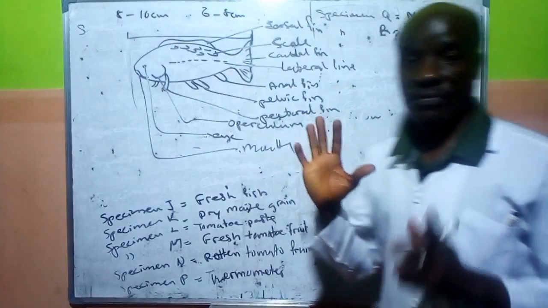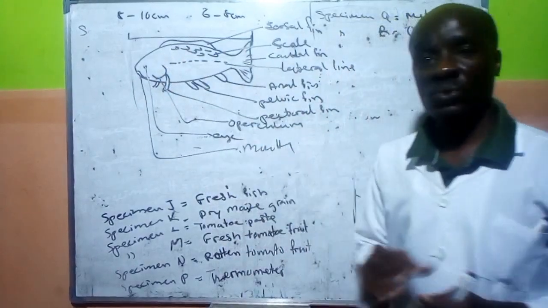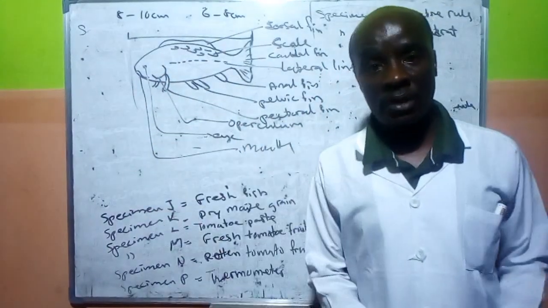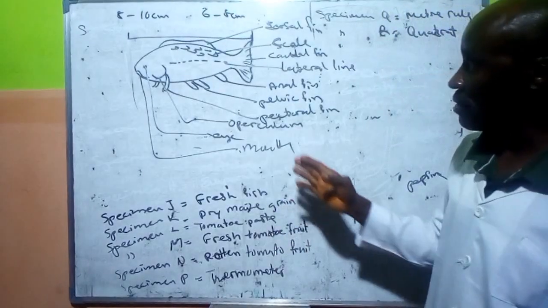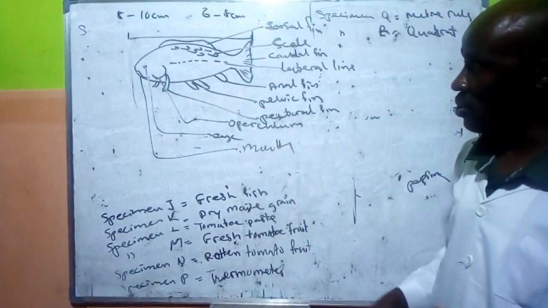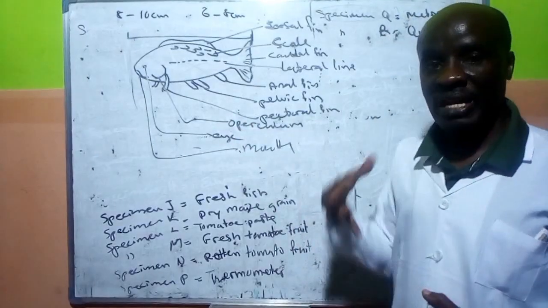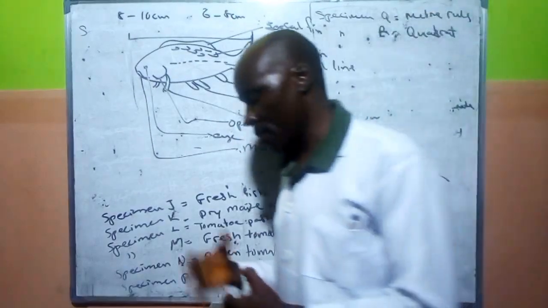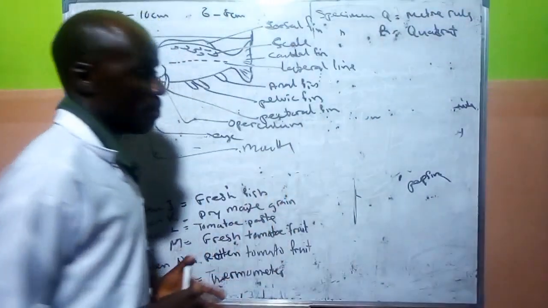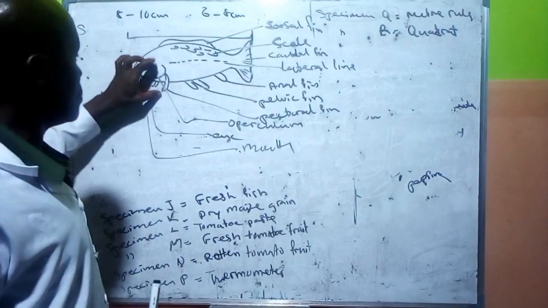So in fish, the lateral line is what helps it to be sensitive to the environment, to grab any action that's going on in the environment. The column is where we have the cover, the gill cover, that's what we normally know it to be.